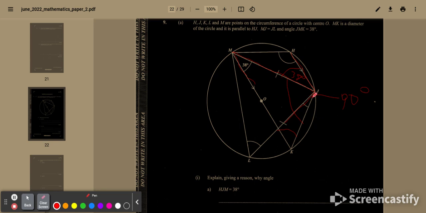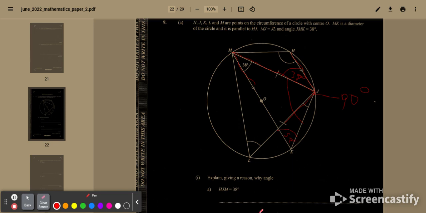So we know this angle here is 90 degrees, this one here is 38. And what do we know about the angles inside of a triangle? They all add up to 180 degrees. So to find what this angle here is, all we can do is add 90 to 38, and we get 128 degrees. And then we take that 128 degrees from 180, and we get 52 degrees. Therefore, this angle is equal to 52 degrees.